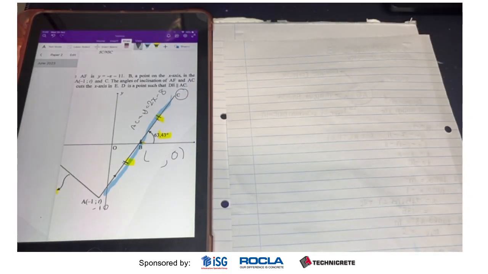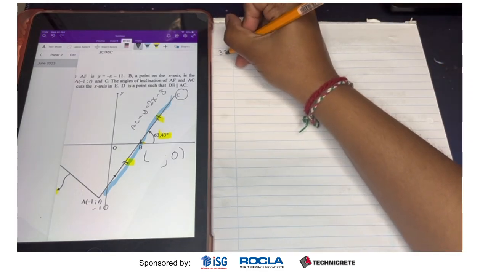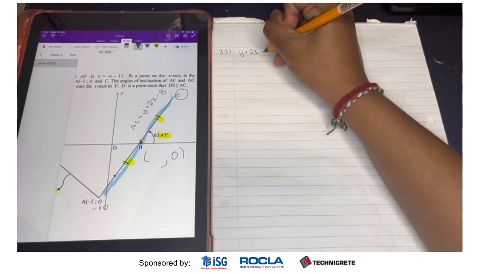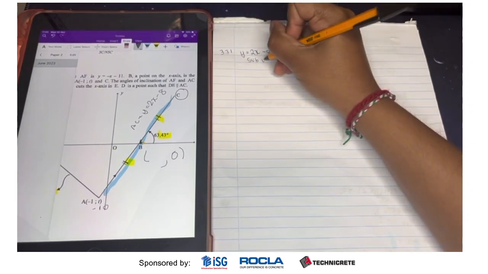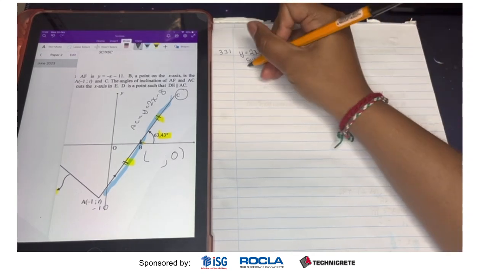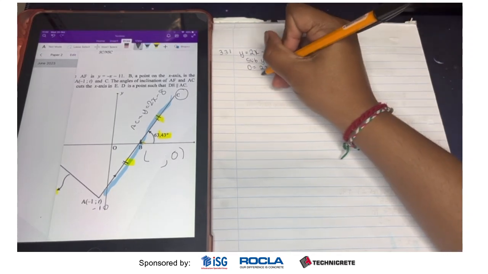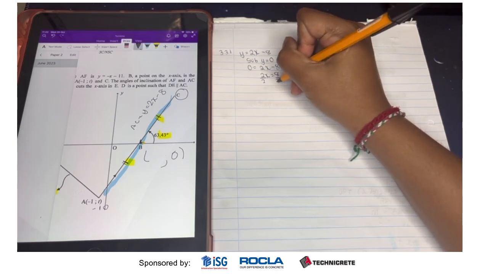So let's find our coordinates of B. We have figured out the equation, so we can do that. So our equation is y is equal to 2x minus 8. And we are going to substitute a y value of 0 to find our x value. So 0 is equal to 2x minus 8. 2x is equal to 8. Divide by 2 on both sides.